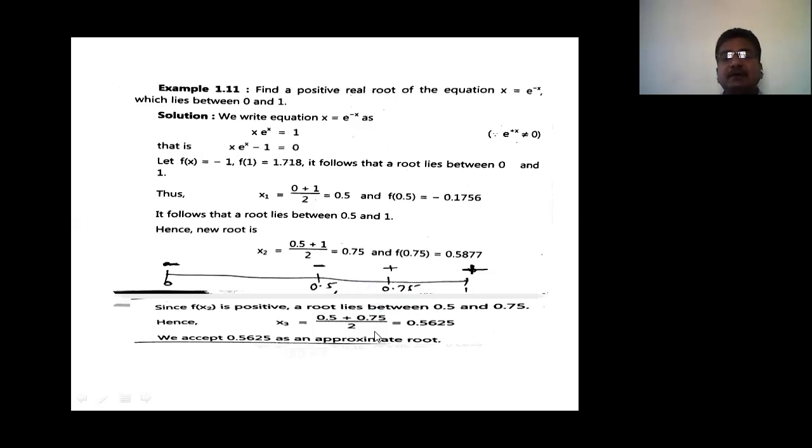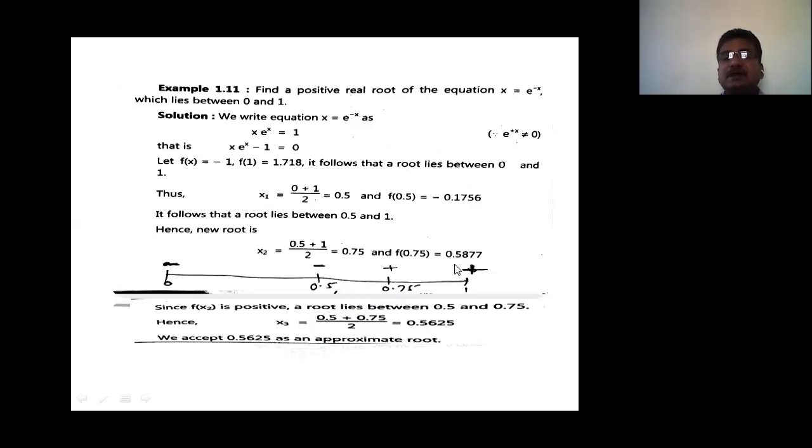Then if you have to find x4, again find the value at this point, 0.5625. So what is the difference between x2 and x3? x2 is 0.5877, and x3 is 0.5625.